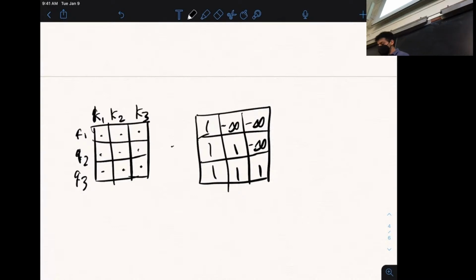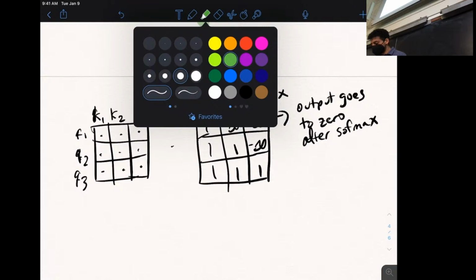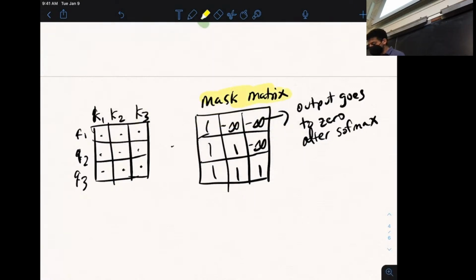Yeah, that's a good point. So anyway, the negative infinity output goes to 0 after Softmax. And this is called a mask matrix. As you said, the actual implementation is not like this, but this is just the intuition.